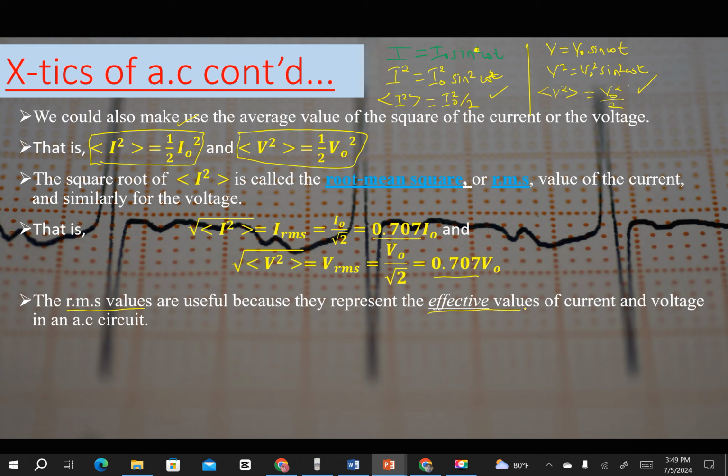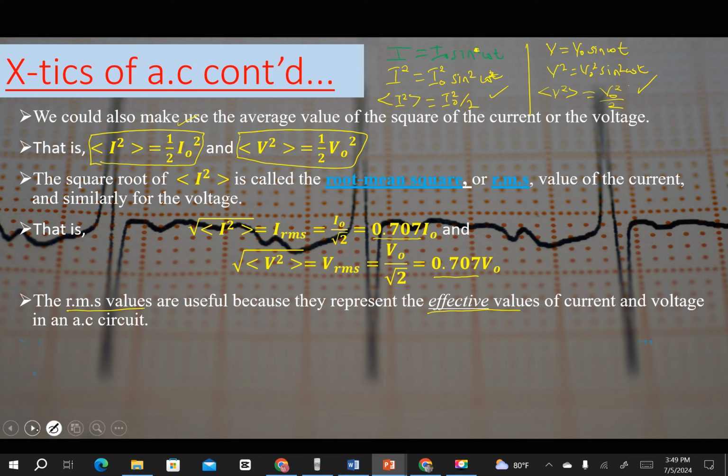So when we say the alternating current flowing through a resistor is 2.5 amperes, if it is alternating current, then what we have mentioned must be the root mean square value. If we say the alternating current flowing through the bulb is 2 amperes, that value must be the root mean square value because it is the effective current in that bulb.